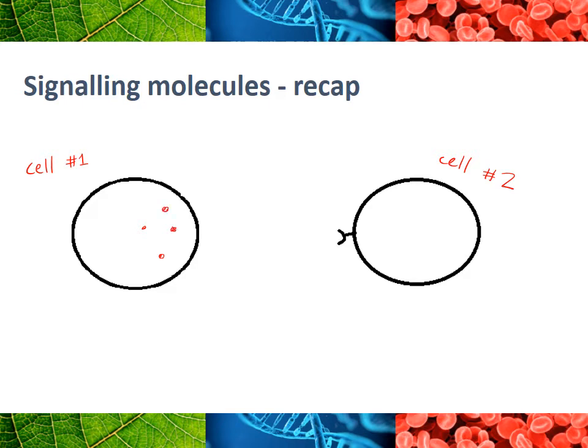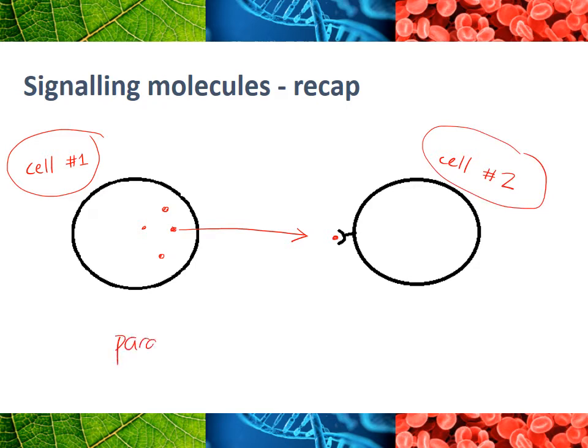But it produces a signaling molecule, and then that signaling molecule travels and binds with a receptor. In this example, it's going from one cell to the cell next to it. So this would be an example of a paracrine signal.